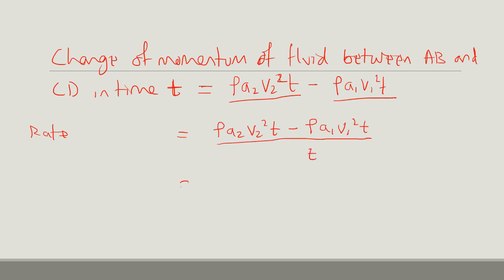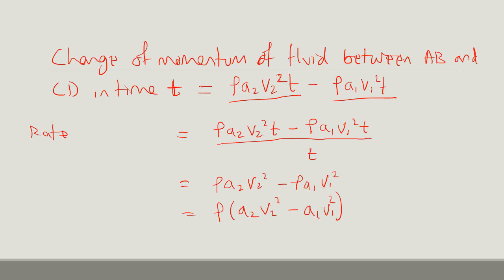And easily this will become rho a2 v2 square minus rho a1 v1 square. And we can collect like terms, or we can factorize a2 v2 square minus a1 v1 square. And we've gotten our equation, or an equation, for the rate of change of momentum of fluid.